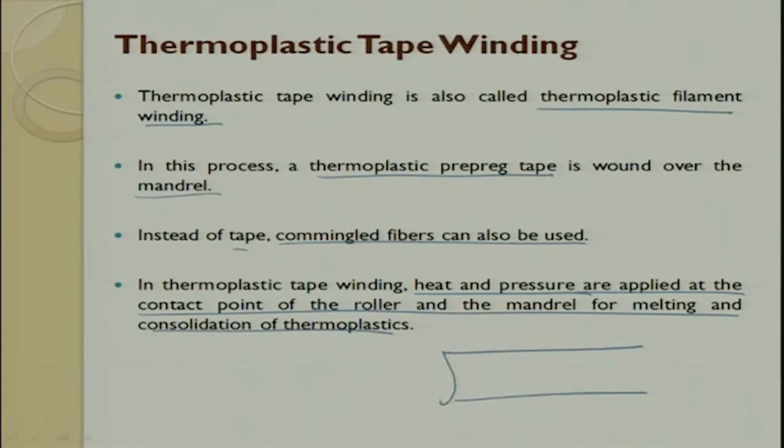So, you have a mandrel, and on top of the mandrel you try to wind tapes, and these tapes can be wound again with any direction you want. And after you wind, this is a pre-peg, so it has thermoplastic resin. So, this resin has to melt.